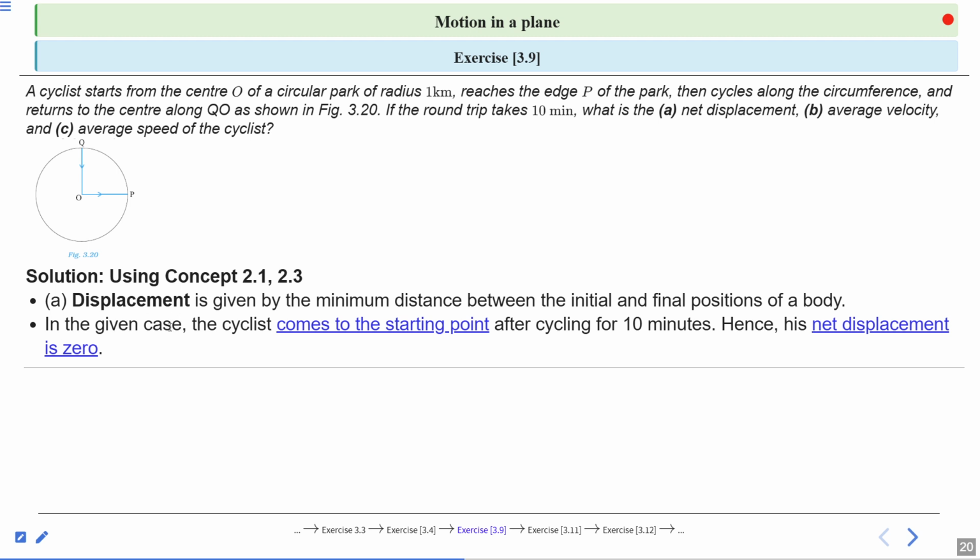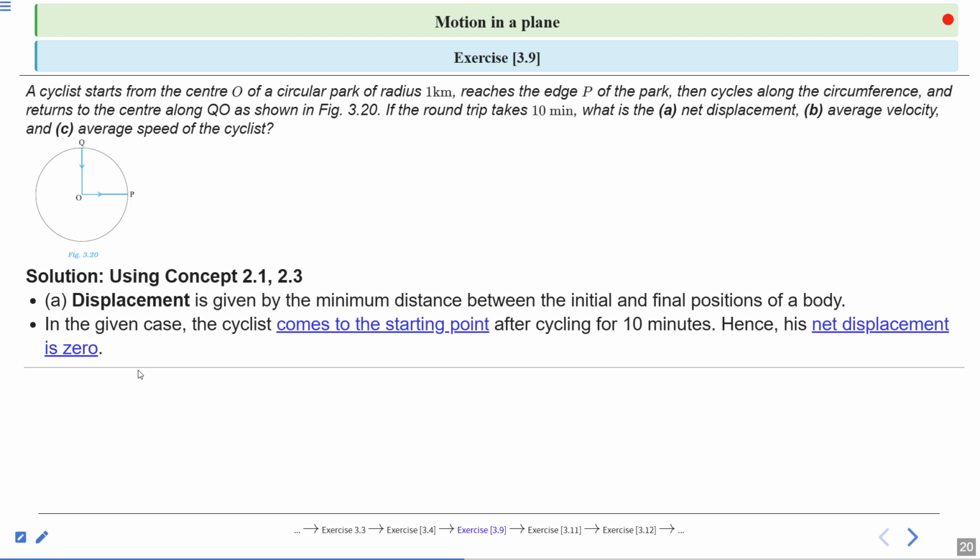In the given case, the cyclist comes to the starting point. It means initial and final positions are the same. So after cycling for 10 minutes, he comes to the starting point. Hence the net displacement is 0, because displacement is a vector quantity.